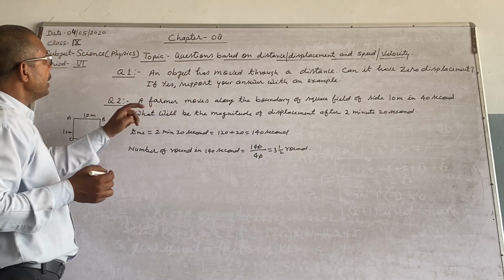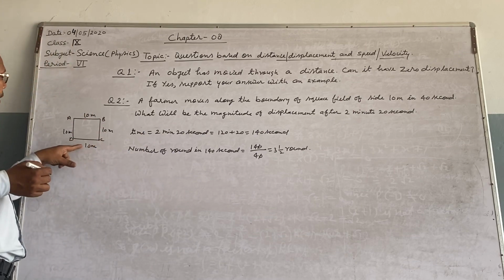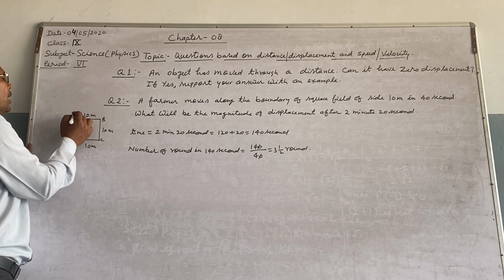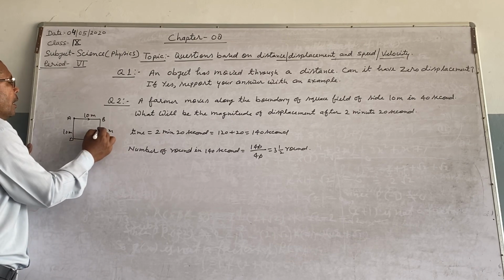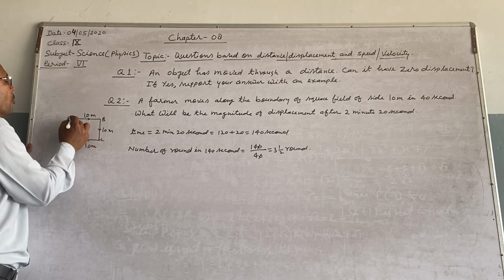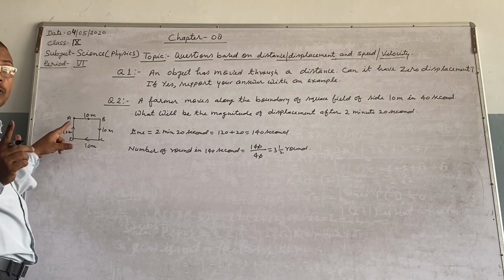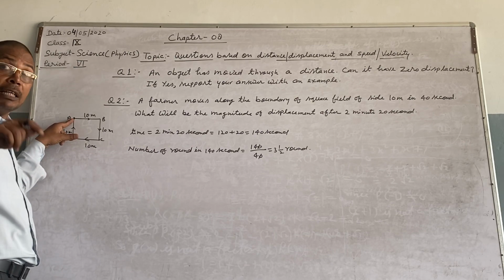So now calculate the displacement. On completing 1 round, suppose it starts from point A, B, C, D in this way. After completing 1 round, what will be displacement? 0, because initial position and final position both are same.